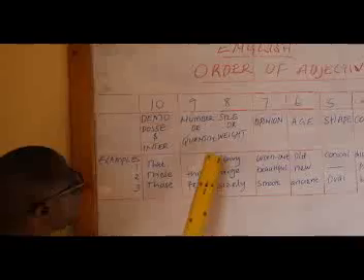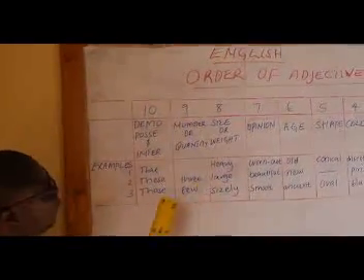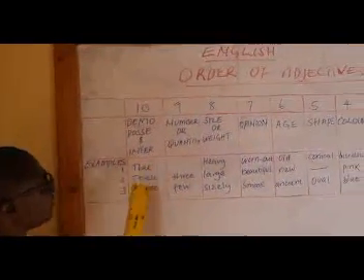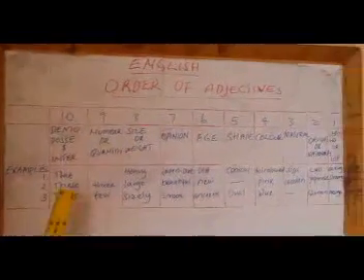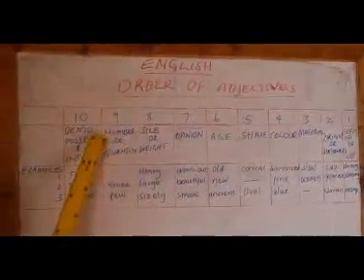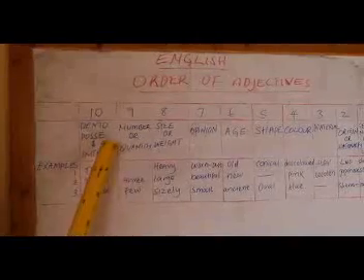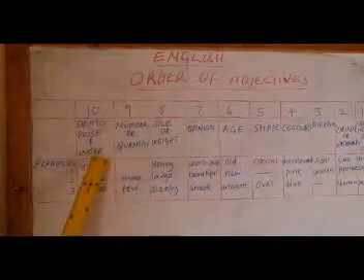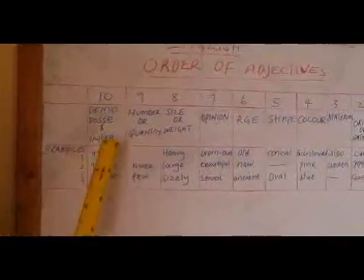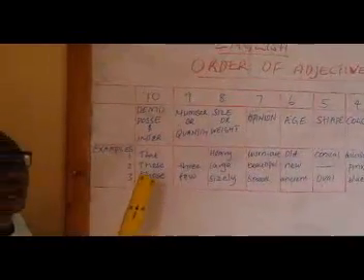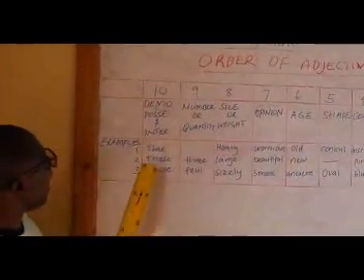And when you look at the demonstration on this board, I've indicated the order of this adjective. We have what we call demonstrative adjectives, we have possessive adjectives, and we have interrogative adjectives. This one will come first.